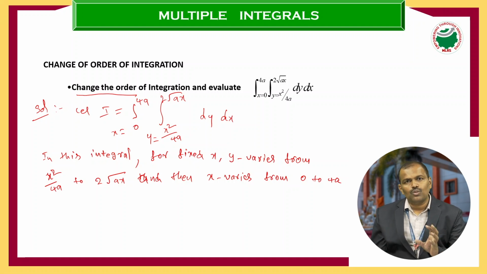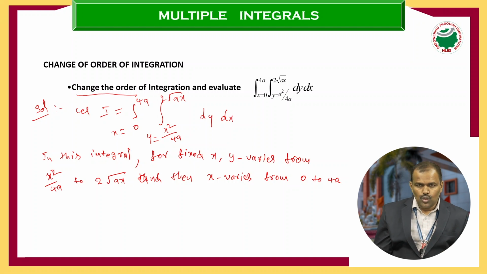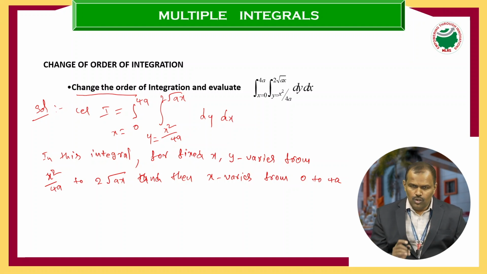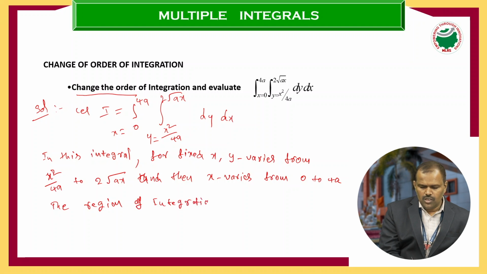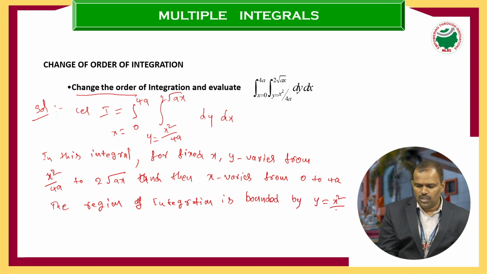Before that we have to draw a rough sketch. In order to draw a figure, we must know the region of integration. The region of integration for this problem is bounded by y is equal to x square by 4a.